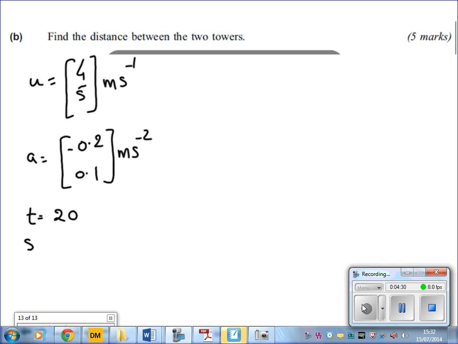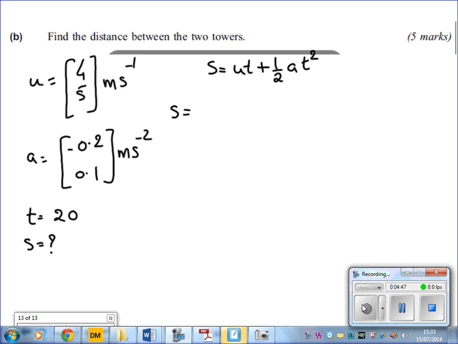We need to work out s. Okay, so the suvat equation we will use is s equals ut plus half at squared. So just sub in the values now.